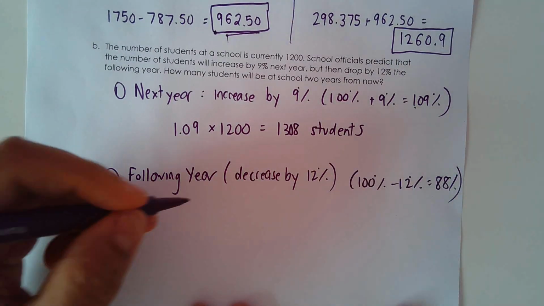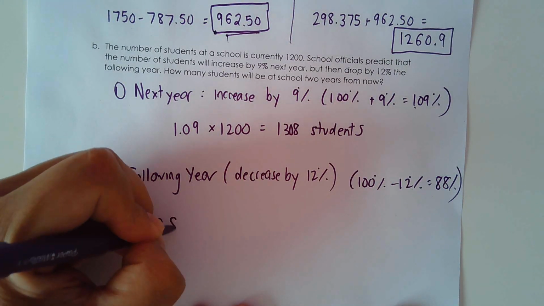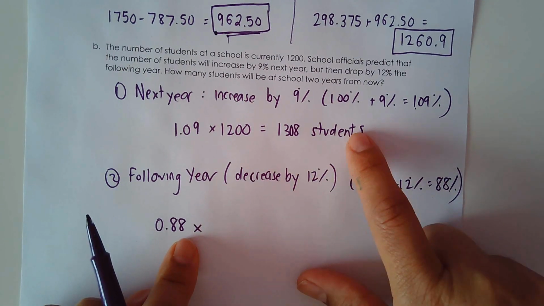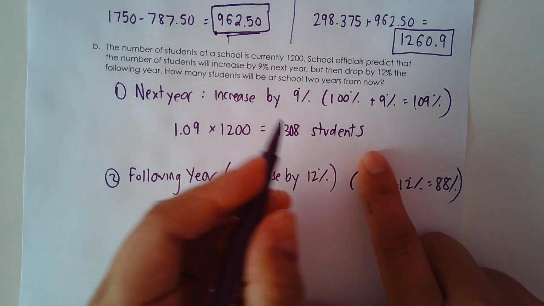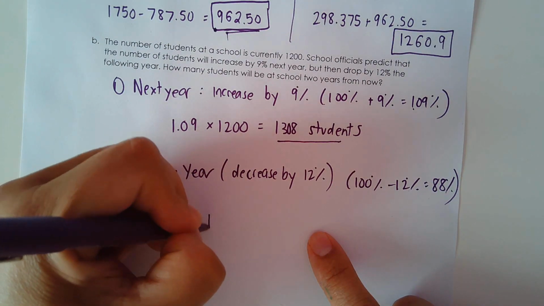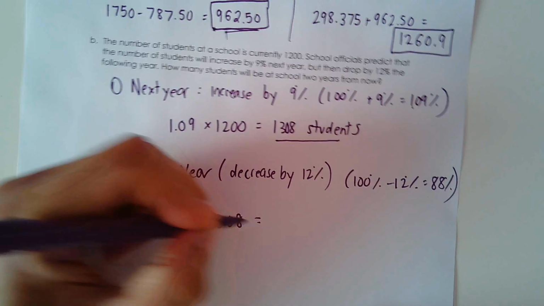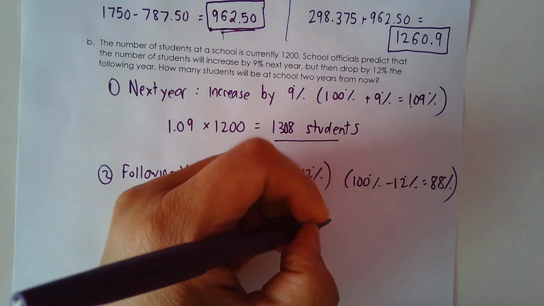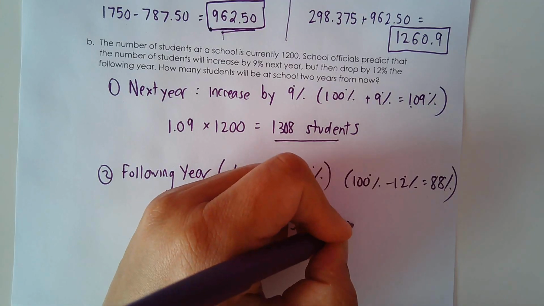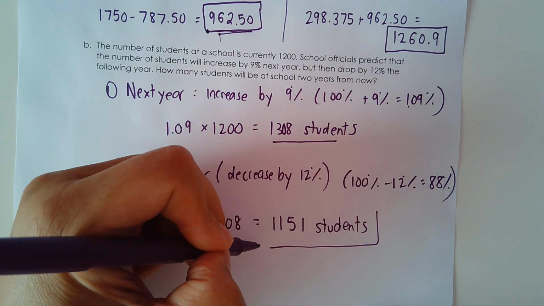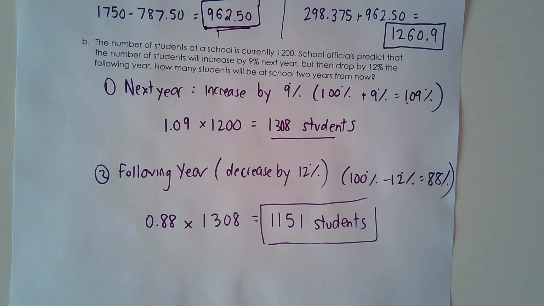Okay, so we turn the 88% into a decimal, and now we multiply it by the students that we had here in the previous year. And we end up with 1,151 students. So 2 years from now, there will be 1,151 students. Okay, thank you.